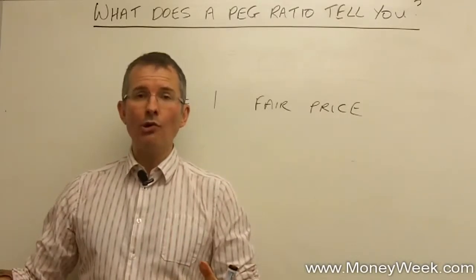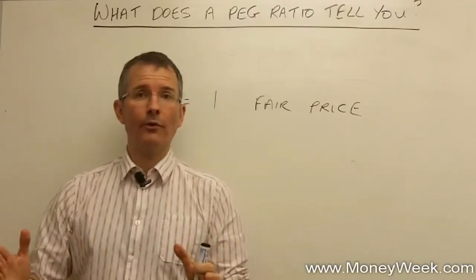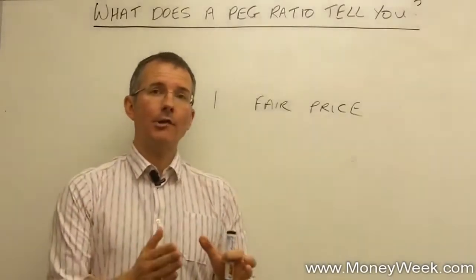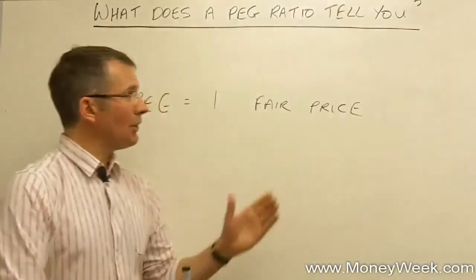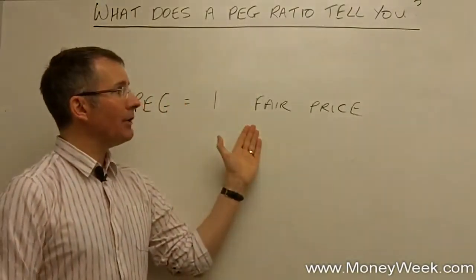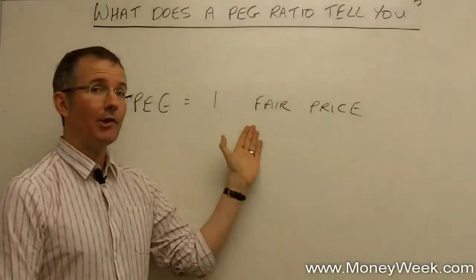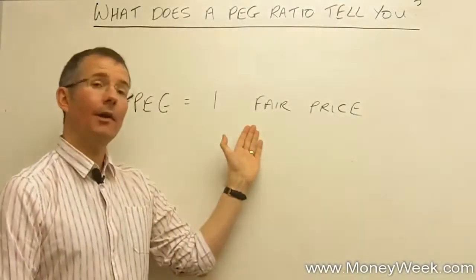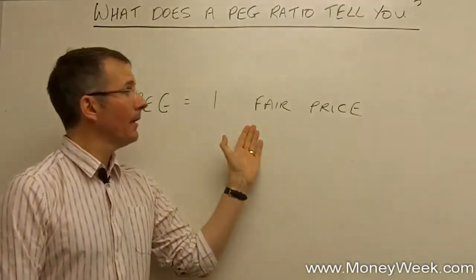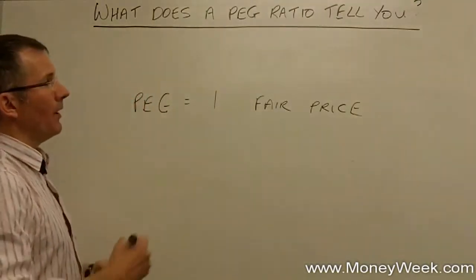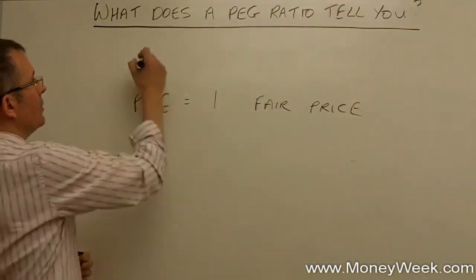In other words, all shares will tend towards a price to earnings growth ratio of 1. Logic: the PE ratio and the earnings growth rate are in kilter. In other words, a PE ratio of 10 suggests an earnings growth rate of around 10%. Okay, so if it's not 1, what's my conclusion?